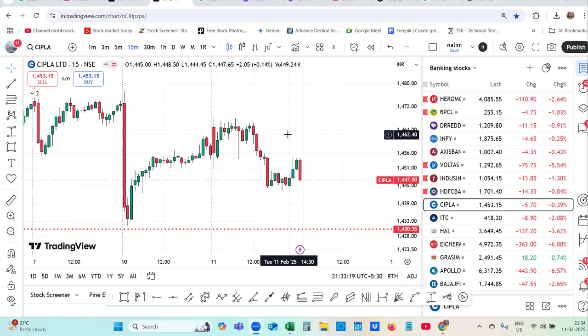If it starts breaking below the 1 hour initial balance, the market will try to trend down.